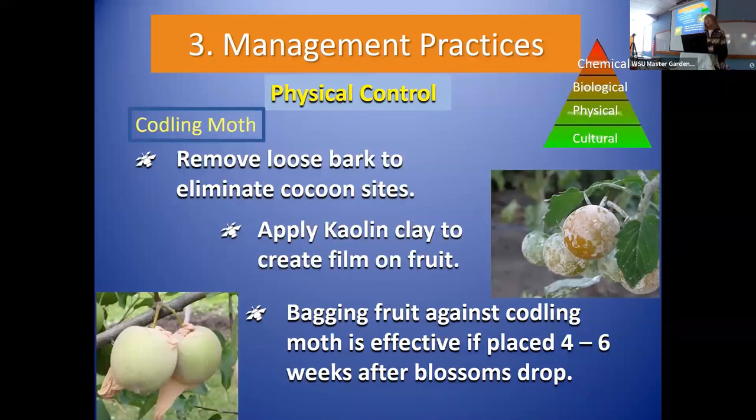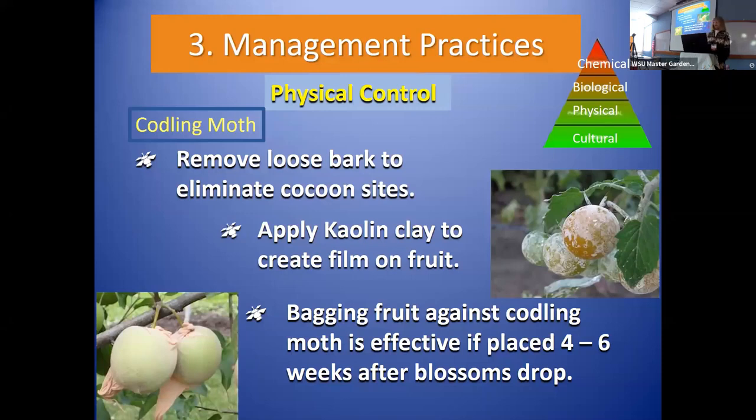So now let's take a look at physical controls that we can do for codling moth. Once again, kaolin clay and bagging your fruit are really good things that you can do. Also, remember how Andrew talked about removing loose material on your tree, cleaning your tree.